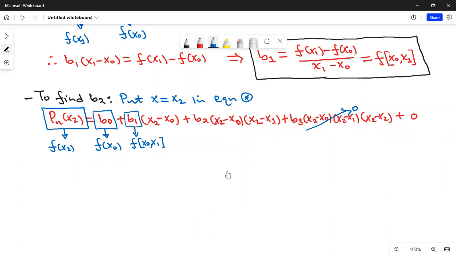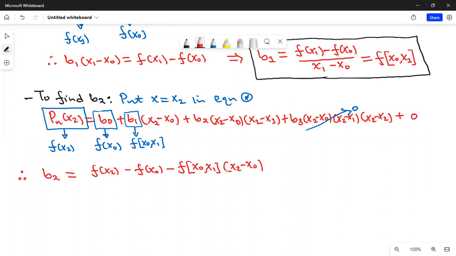So you can say that therefore, I want to make it the subject. So b2 will be equal to f of x2 minus f of x naught minus f of x naught, x1 times (x2 minus x naught).